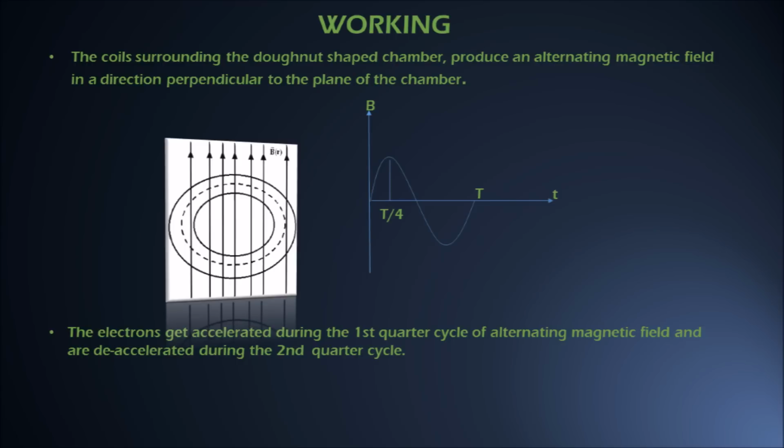During the second quarter of magnetic field cycle, there is decrease in magnetic field from peak value to 0, and so the induced EMF decelerates the electrons. To avoid the loss of energy during the second quarter of magnetic field cycle, the accelerated electrons are made to strike the target just at the completion of first quarter of cycle.